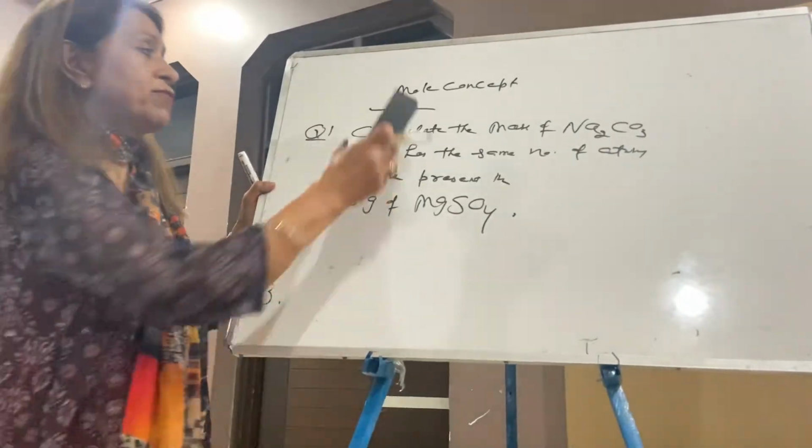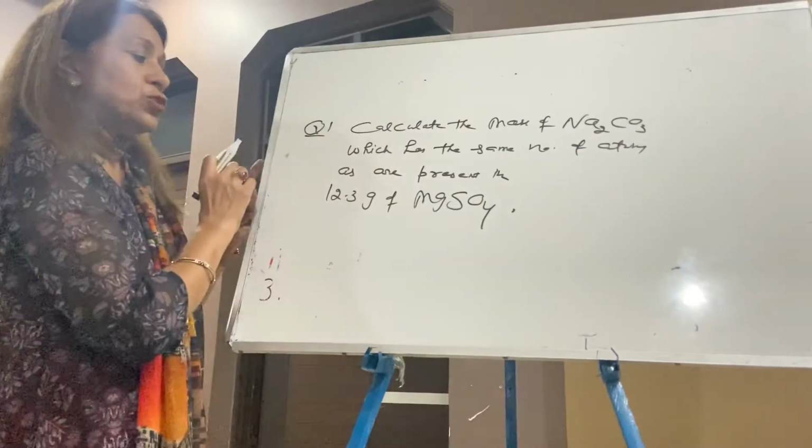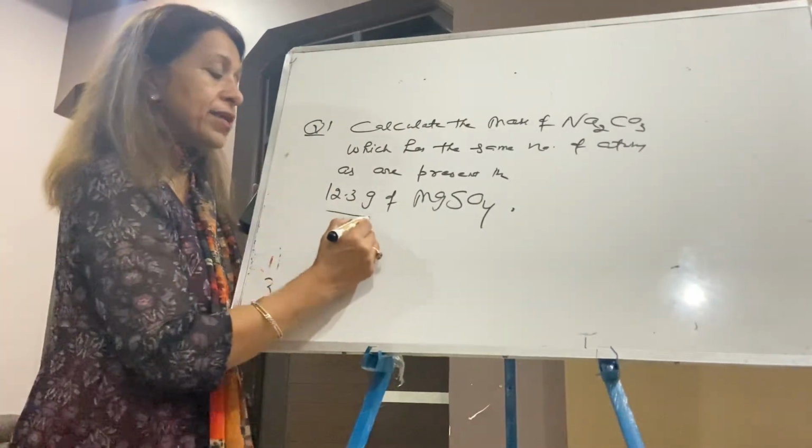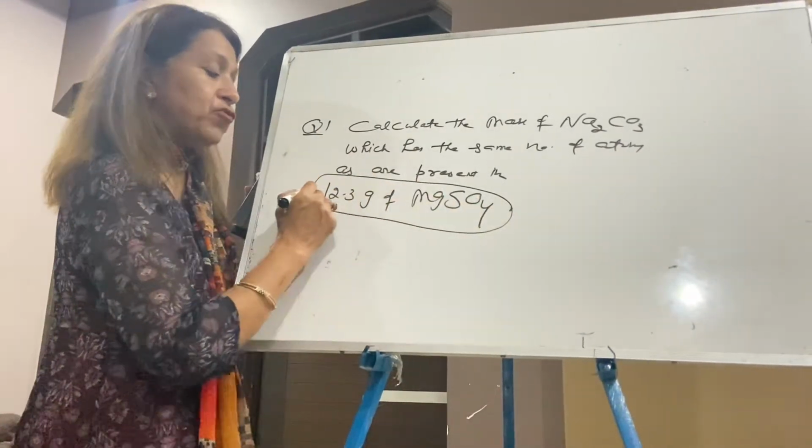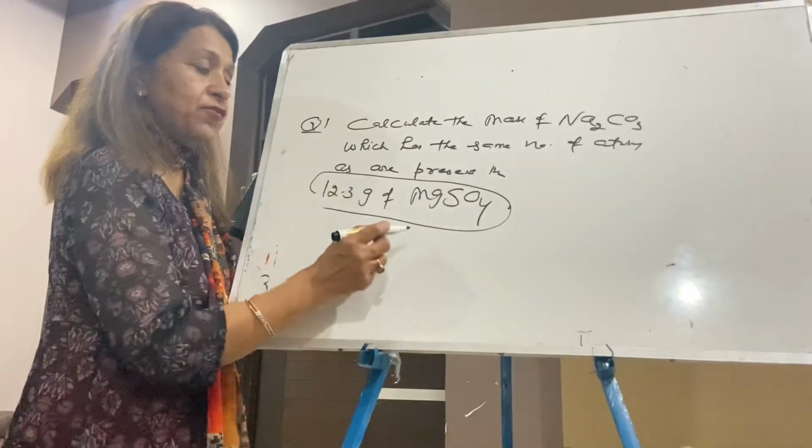So how will you solve this numerical? First of all, we will find out how many atoms are present in 12.3 gram of magnesium sulfate.